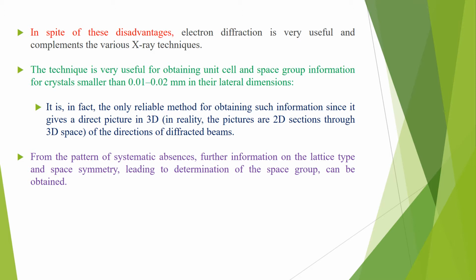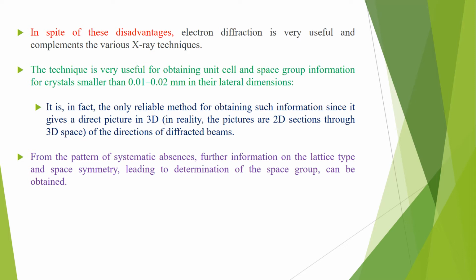In reality, the pictures are 2D sections through 3D space of the direction of diffracted beams. From such information, the diffracted beams can be assigned HKL, that are Miller indices, and the unit cell can be determined.